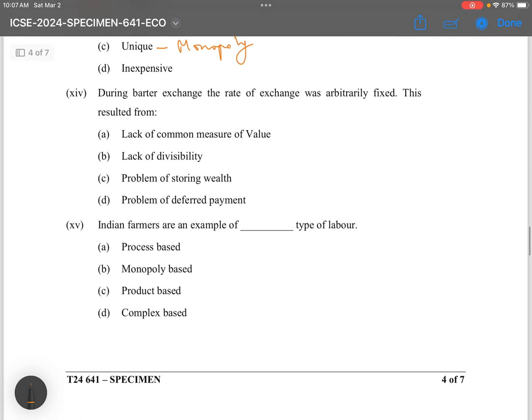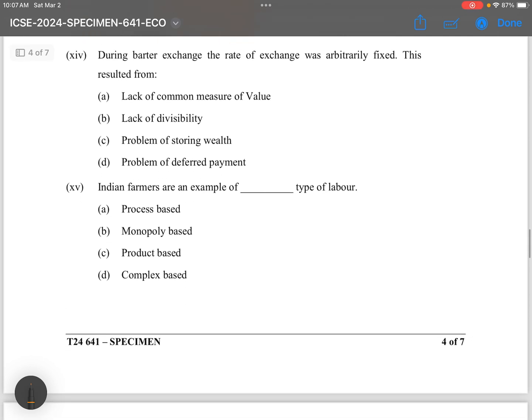14th question is, during barter exchange, the rate of exchange was arbitrarily fixed. Now this resulted from which problem? Obviously it's not D, because deferred payment, I told you, is more about future payments. Storing wealth is also not the thing which is causing this. Mainly it's your A, lack of common measure of value, because when we are taking a product to be exchanged for other goods, how to assess the value of that product in comparison to what we will get in exchange?